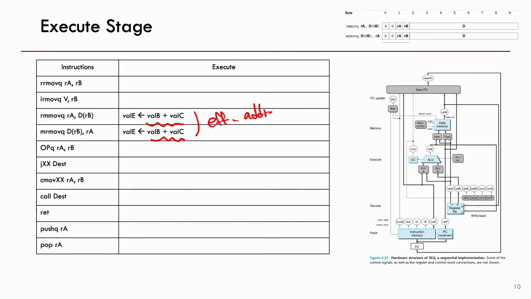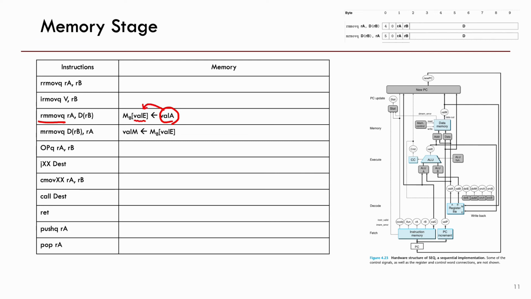In the memory stage, for the RMMoveQ instruction, we write the value of RA, or val_A, to the memory, and its address is val_E.